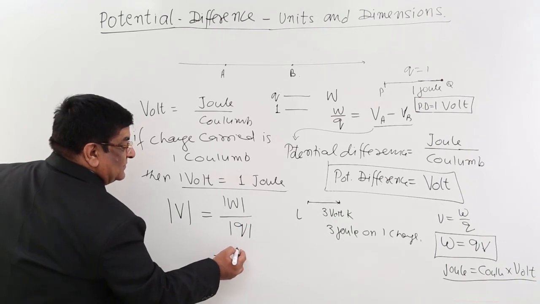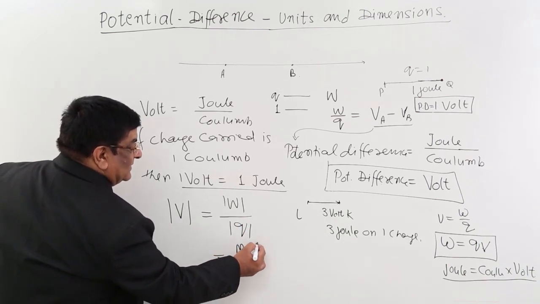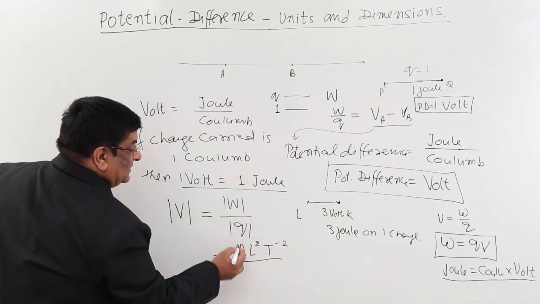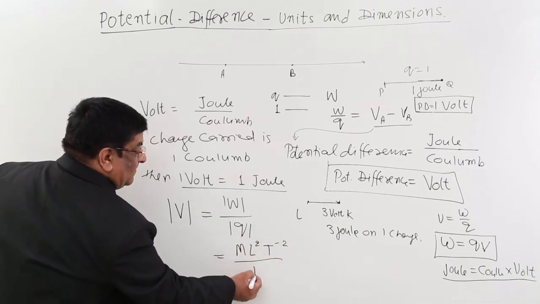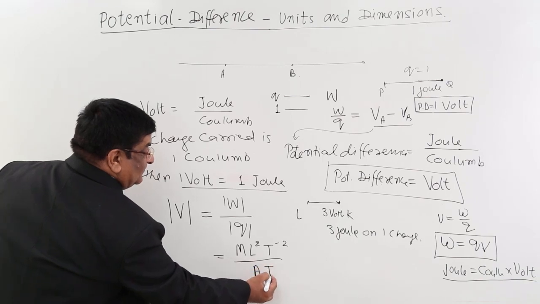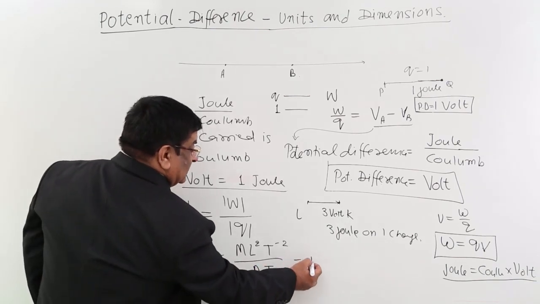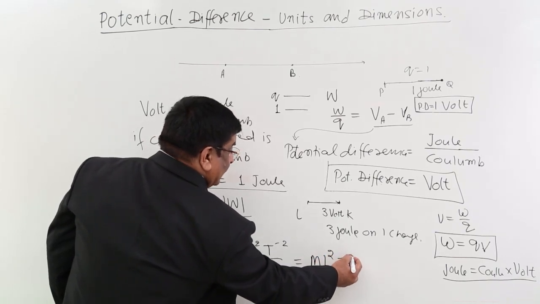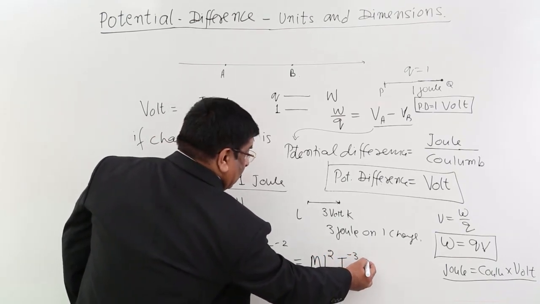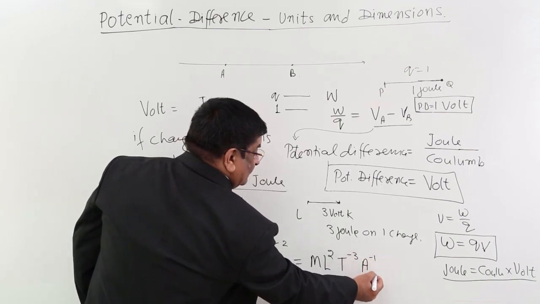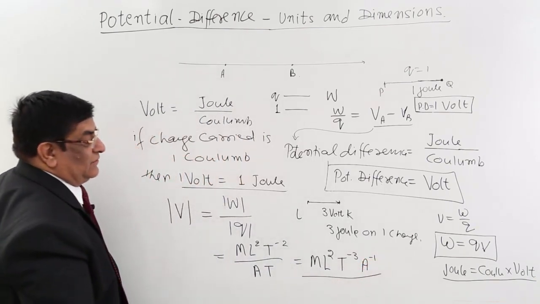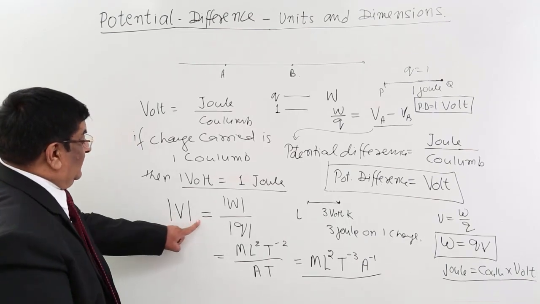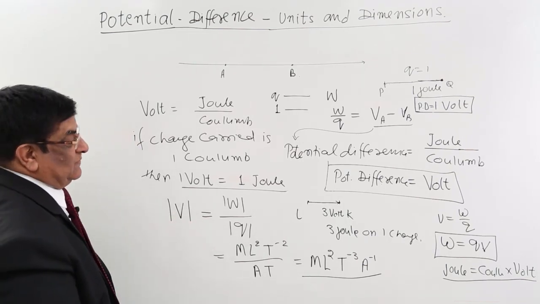The dimensions of work, force into displacement, are ML^2 T^-2, and charge has ampere into time, AT. So this is ML^2 T^-3 A^-1. These are the dimensions of potential difference.